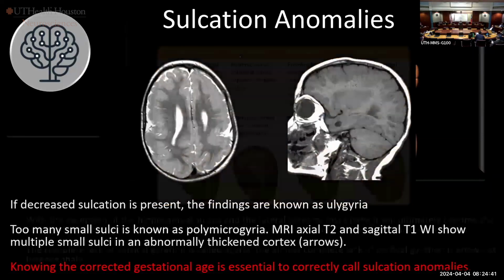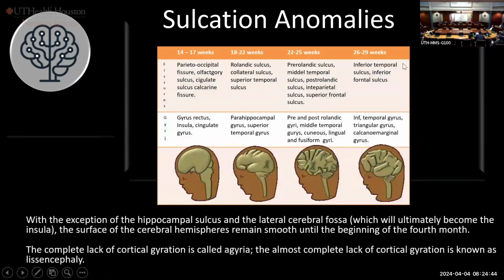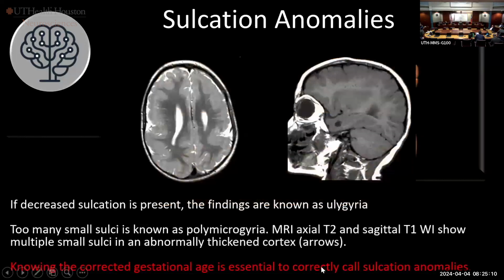When they get born very early in life, we see these fissures with the middle temporal sulcus, and pre- and post-Rolandic gyri are already seen. Only after 26 to 29 weeks do you get the inferior temporal sulcus, the inferior frontal sulcus, and some of the temporal gyri and the triangular gyrus being formed. So remember that this is going to be very important.